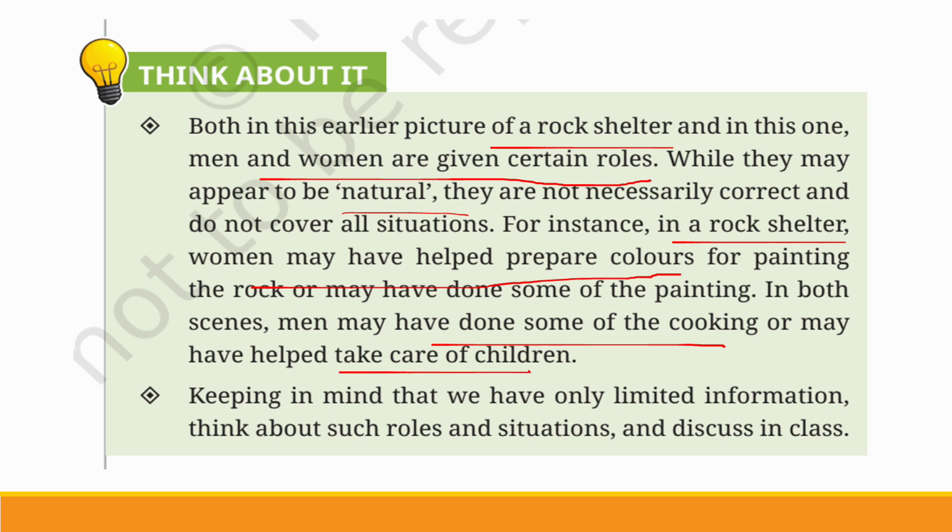That is, by seeing a picture, we cannot predict that that particular work is done by women that day or that particular work was done by men that day. Sometimes these works might be done by both men and women. Keeping in mind that we have only limited information, think about such roles and situations and discuss in class.